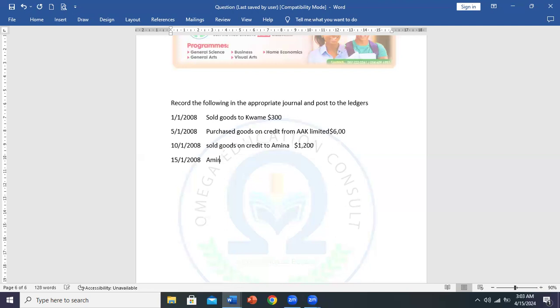Amina returned goods worth $200. 18 January.